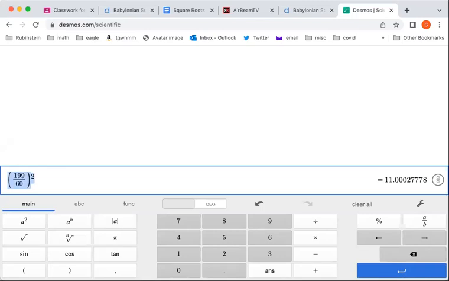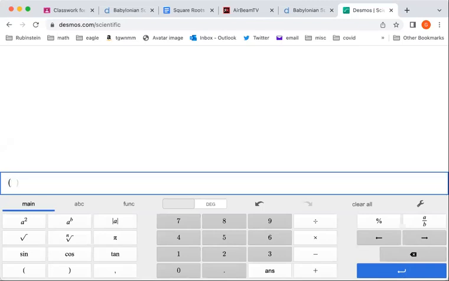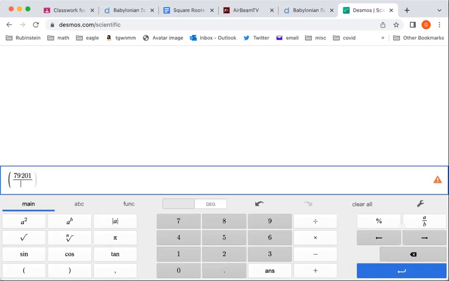But how good is 79201 over 23880? Well, it can't be exact, because the square root of 11 is irrational. However, it's so close that even on Desmos, when I square it, it just says 11. It doesn't even say 11 point something. So that's a good approximation.